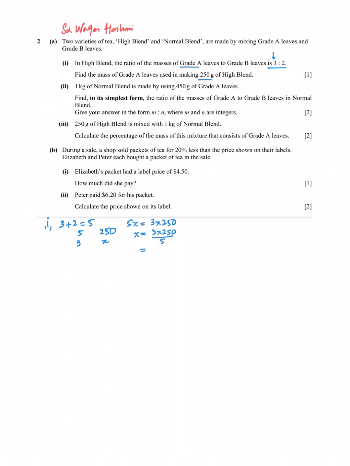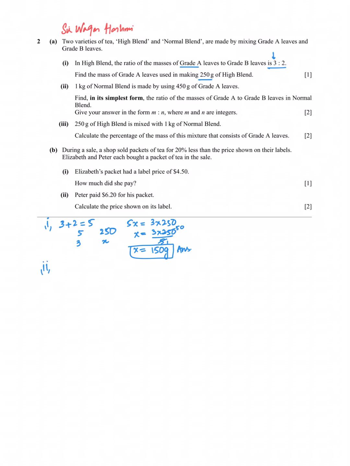You can easily simplify it, so 5 1s are 5, 5 5s are 25, and 5 3s are 150 grams. So that is your grade A mass in the total of 250 grams with the ratio of 3:2. That is your first part answer.